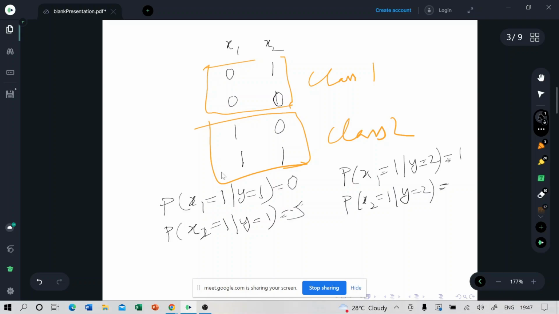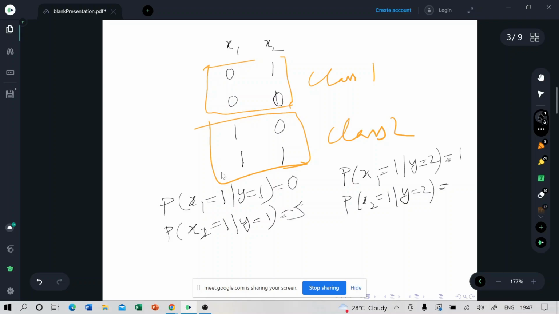See, the first bit of x bar is 1, so we need to multiply probability of x1 is equal to 1 given y is equal to 1.